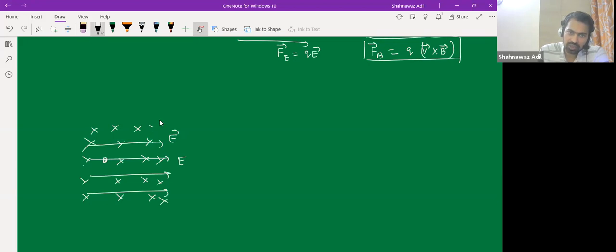This is the velocity of the charged particle.